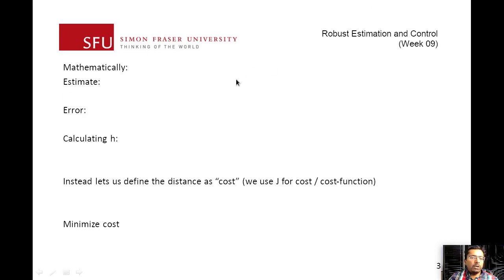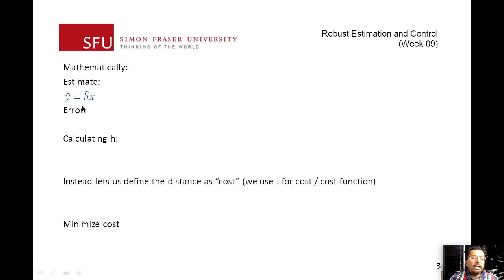In that case, for each value of x, I can multiply h hat times x to get a new estimate. This is going to be different from the actual value of y that you get based on the value of h you might choose.